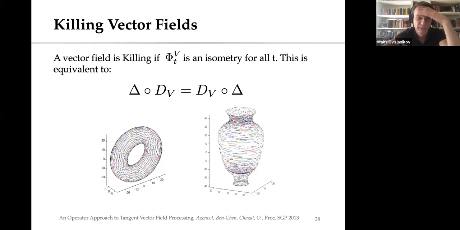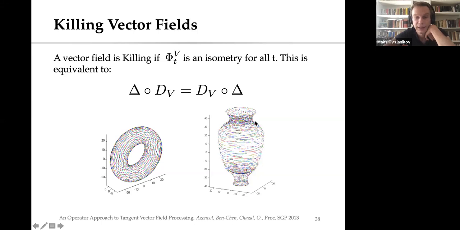What we try to argue is that this matrix or operator representation of vector fields has nice properties. For example, there's something called a Killing vector field. A Killing vector field is a vector field such that if you flow along it, the flow lines preserve the geodesic distances. So it's a kind of isometric version of a vector field. For example, on a torus, if I have a vector field that flows along the torus, then it preserves geodesic distances. Or on this vase, it's the same.